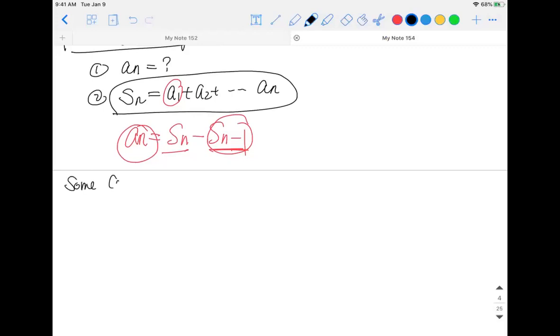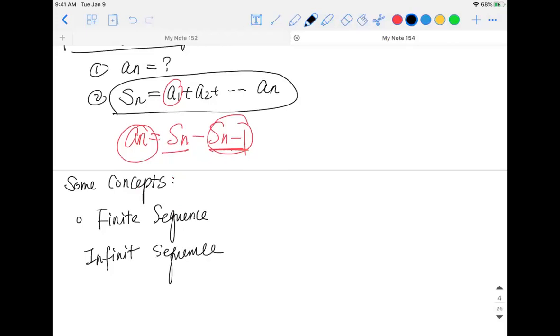Some concepts. The first concept is from the number of items in the sequence. How many items do you have in the sequence? You can have a finite sequence and an infinite sequence. This is quite understandable.